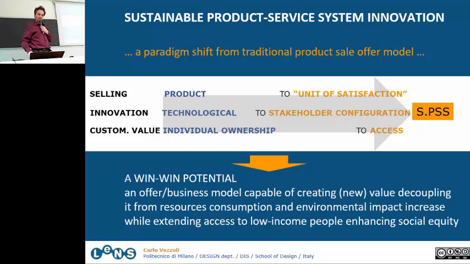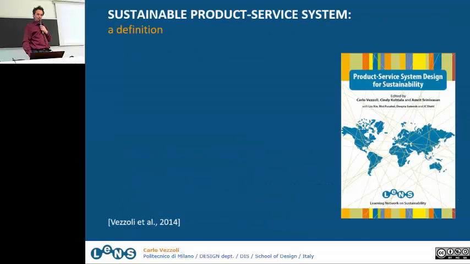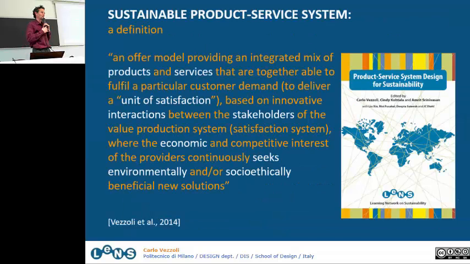So this is to make a scheme, and here is a definition. It's an offer model providing an integrated mix of products and services which are jointly capable of satisfying a specific customer demand or delivering a unit of satisfaction. So this is the access.